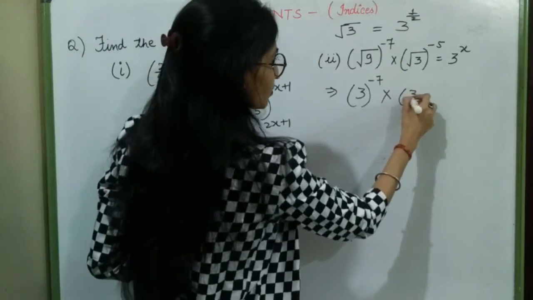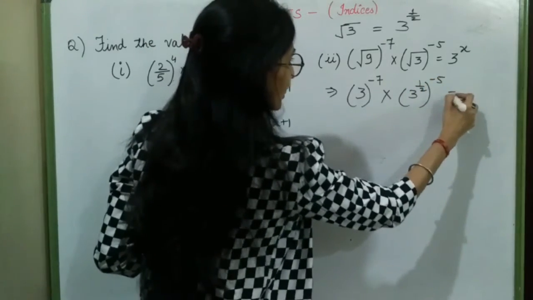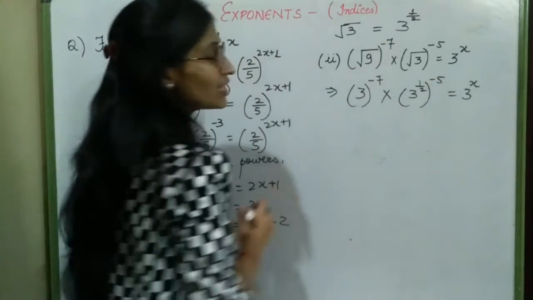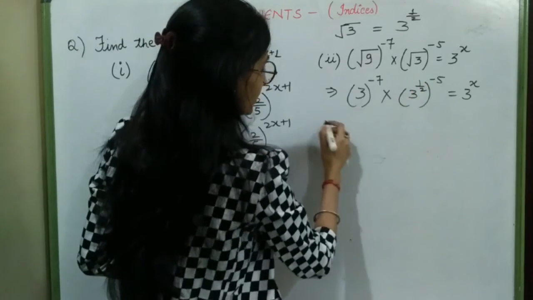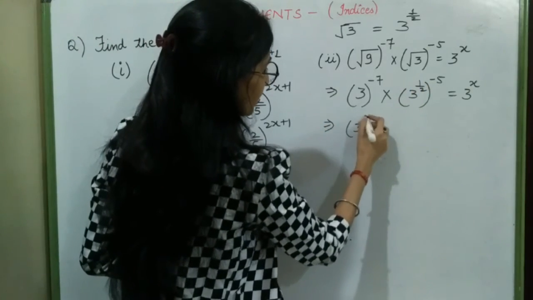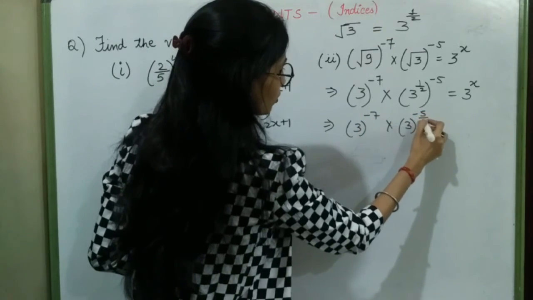So it will become 3 raised to power 1 by 2 raised to power minus 5 equals to 3 raised to power x. 1 by 2 into minus 5 will become minus 5 by 2.